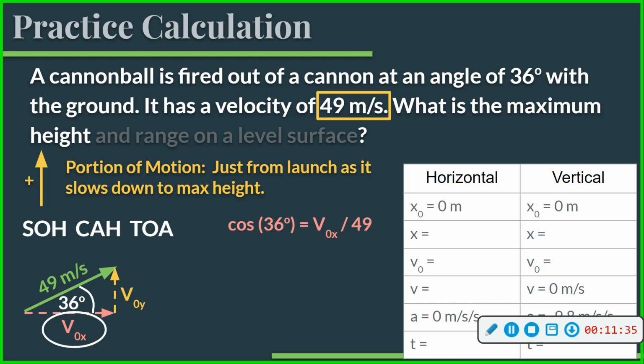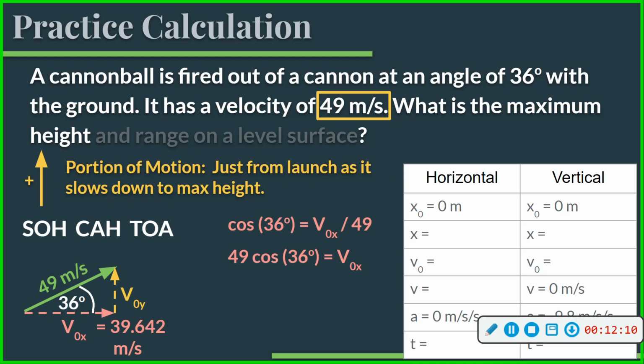We know the angle, so if we can solve cosine of 36, which we can with our calculators, we'll just be able to multiply by 49 to get velocity by itself, and then do some arithmetic. And that's going to tell us that we have an initial velocity of 39.642 meters per second. Remember to carry some extra decimal places so that you can round at the end, and my open math won't get you. It usually works better. Okay.